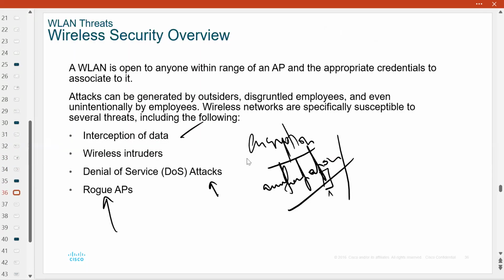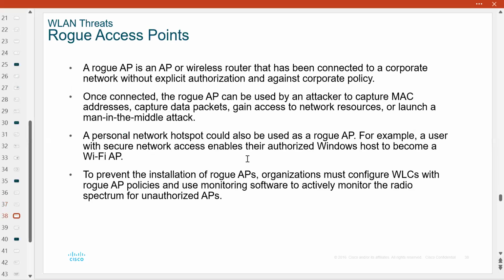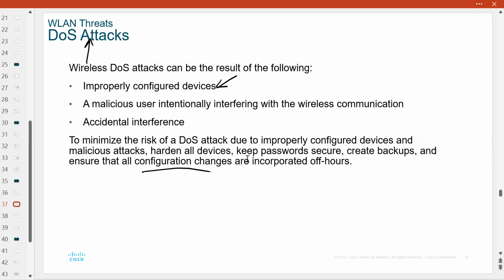Wireless LAN deployment, security. We focus on security. It's very important to understand how an intruder can attack the network. That way you know how to secure the network.